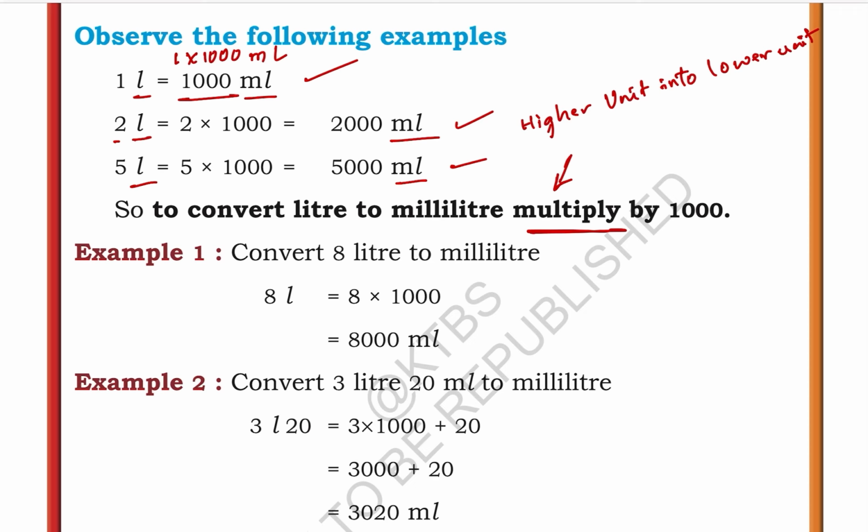So we will multiply, and multiplication will not come if it is reversed. From lower to higher unit we will do something different. It is only for higher to lower unit. Keep this in mind. It will be helpful for you in measurement of length, in measurement of weight, and even in your future classes, in 5th class also, you need these relationships.